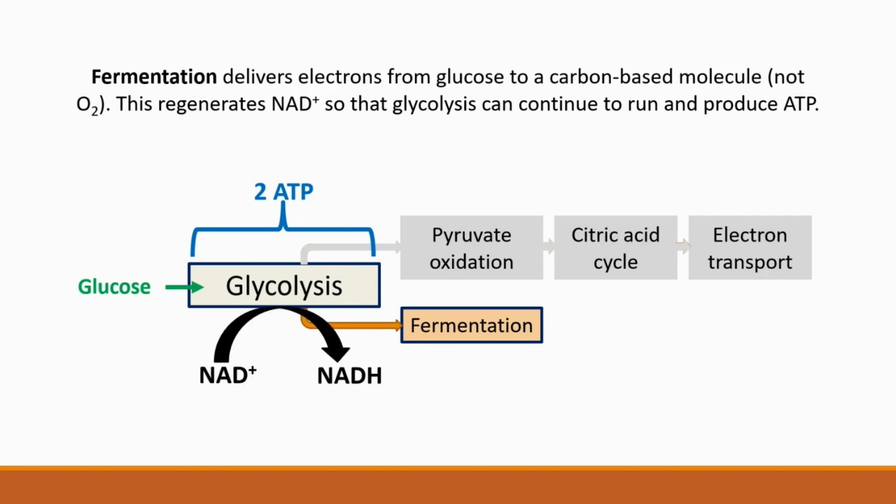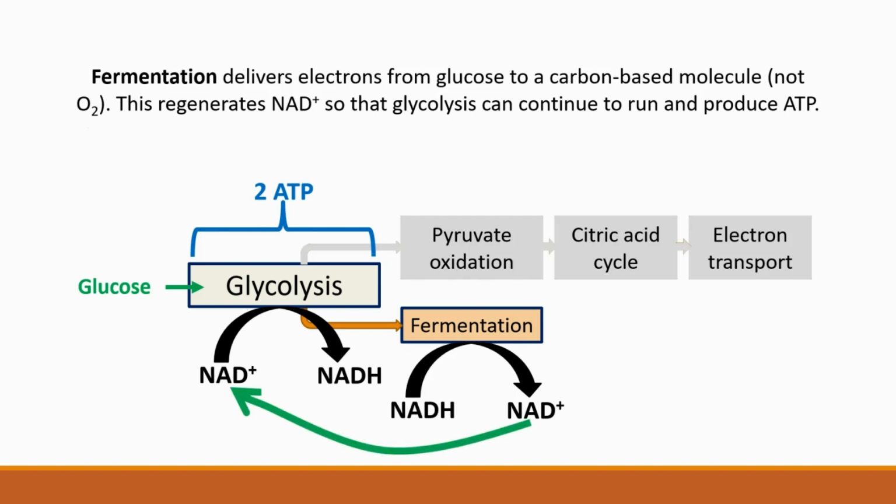Unfortunately, it is much less efficient as far as the amount of ATP produced because only the ATP from glycolysis is generated. And fermentation is what allows us to regenerate that NAD plus so that we can do glycolysis again.